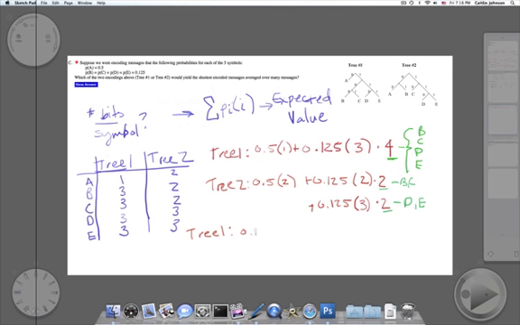So for tree 1, 0.5 plus 3 times 0.125 is 0.375, and then we have 4 of those. That gives us 1.5 plus 0.5 is 2.